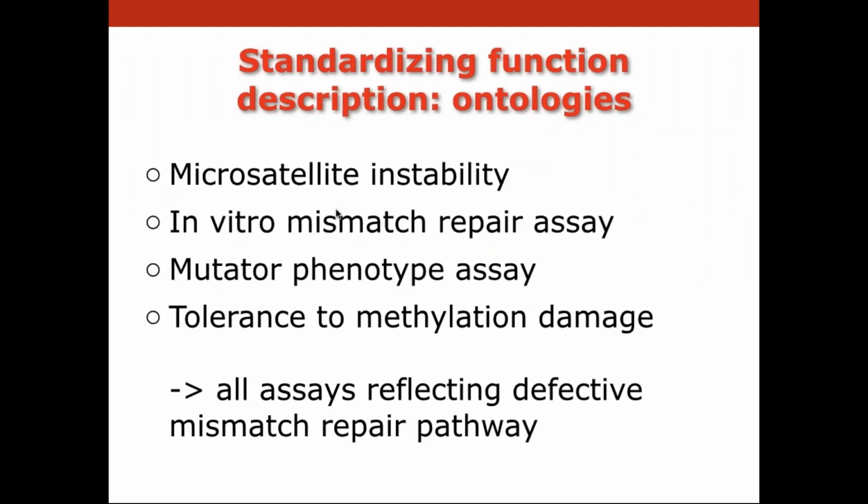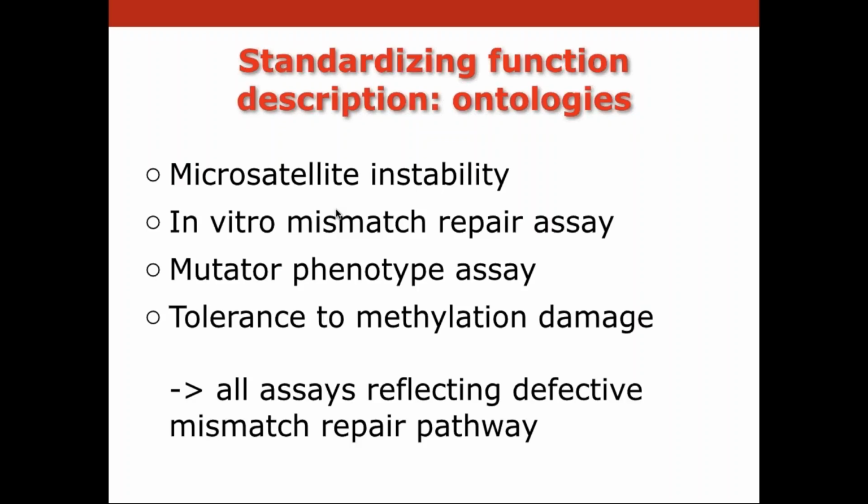Now, I mentioned that there's microsatellite instability, and the second paper had MMR, which is a mismatch repair assay. There are different types of experiments that test the same thing in this mismatch repair field.